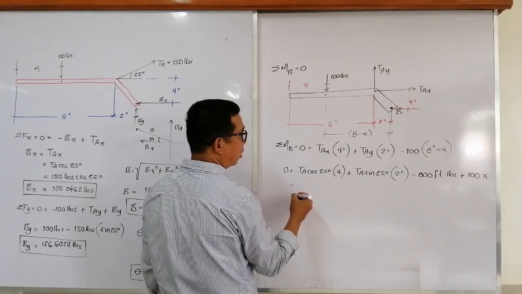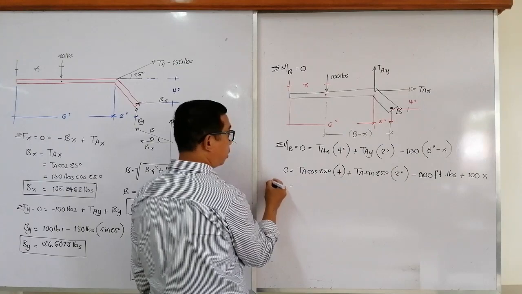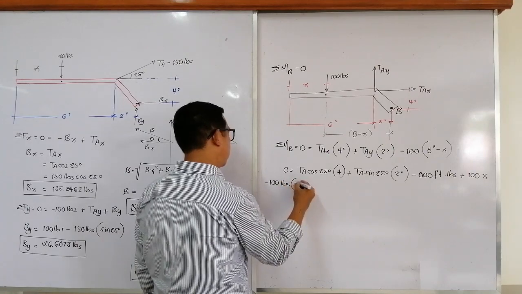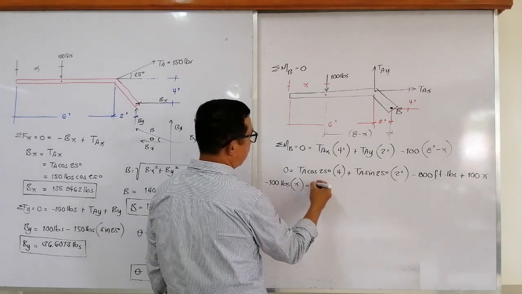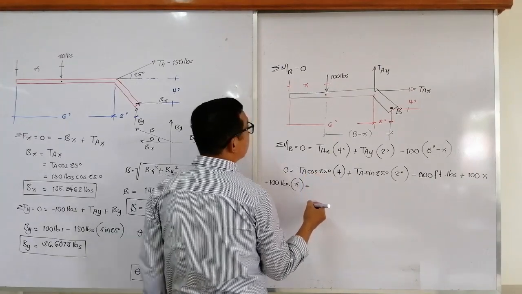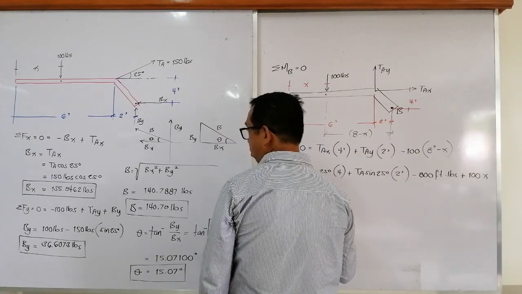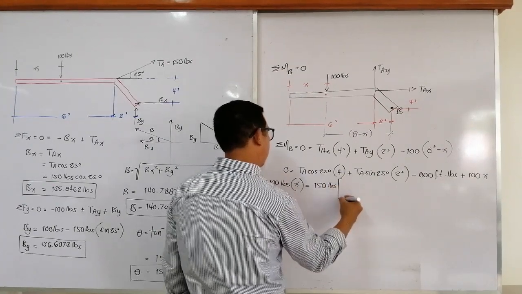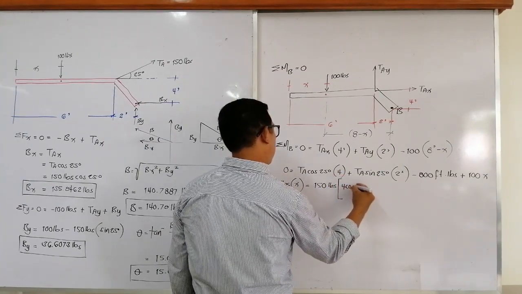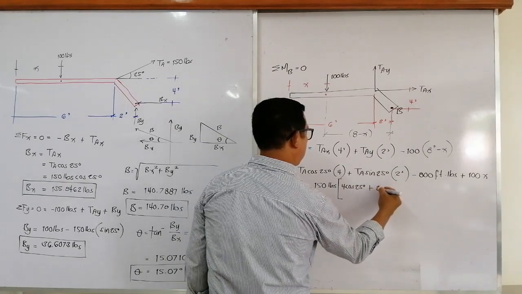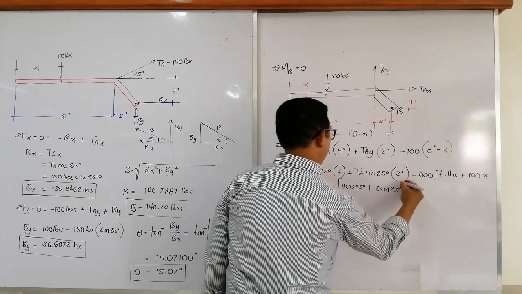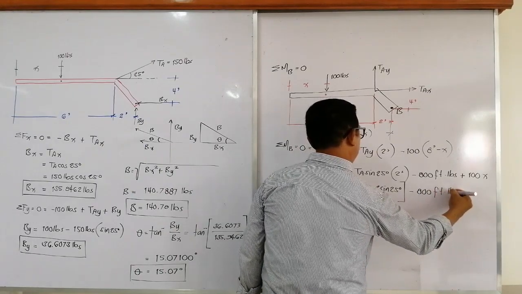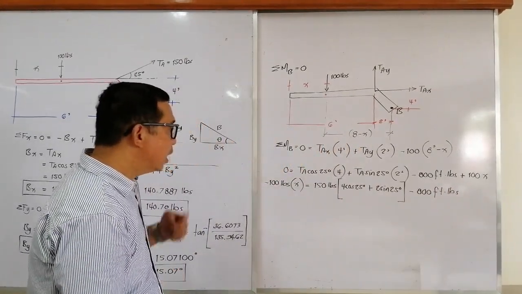Transposing your negative 100 pounds x, and factoring TA. So what's your TA? 150 pounds, multiplied by 4 cosine 25 plus 2 sine 25, subtracted with 800 foot-pounds.